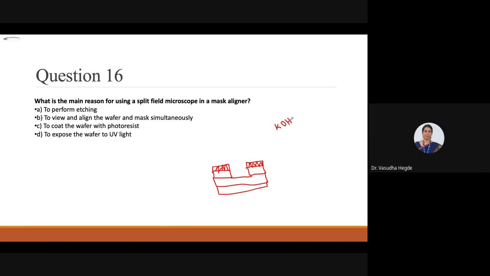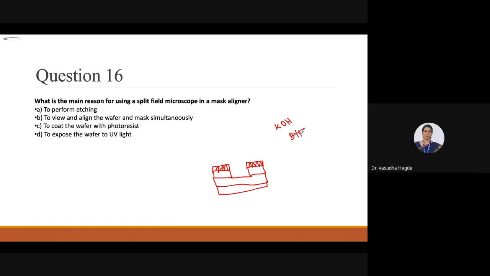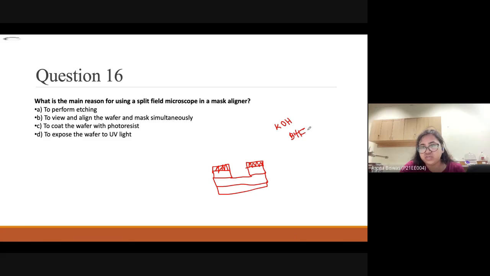BHF? No, BHF we use to remove or etch the oxide layer. So for SiO2 etching, we use the BHF.